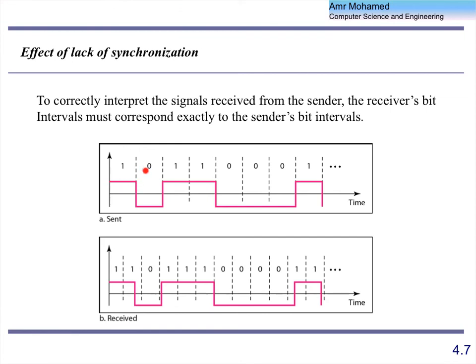Because if you have a change in the middle of the bit, even if there is some clock drift, this change will give the receiver some information that there is a change in the middle of the bit, so I'm in the middle of the bit now. This will allow me as a receiver to adjust my clock to align perfectly with the transmitter. But here in this example, there's no change, so there is nothing that will help the receiver to know that now I'm in the middle of the bit.